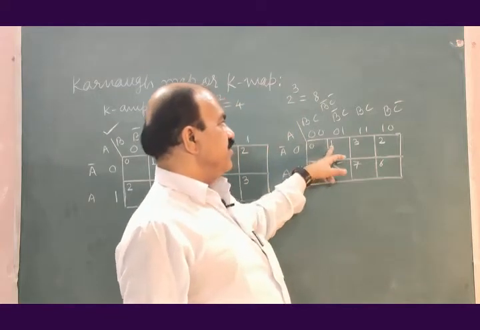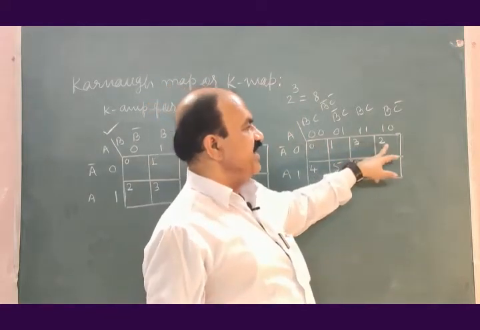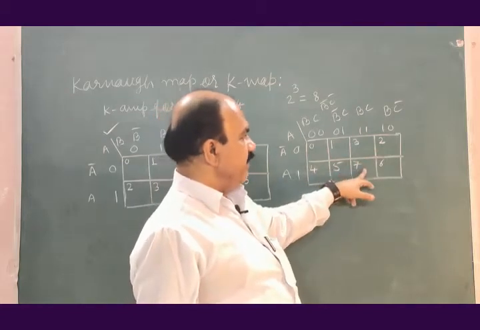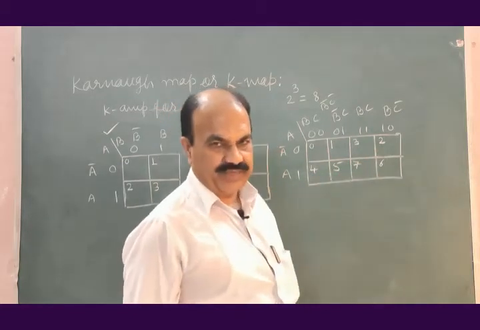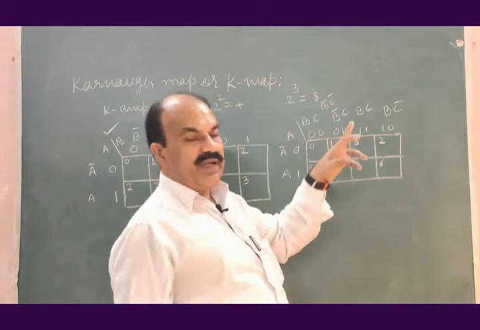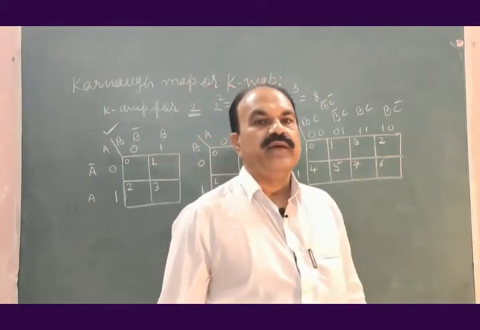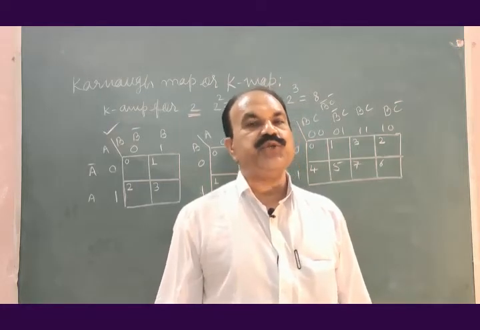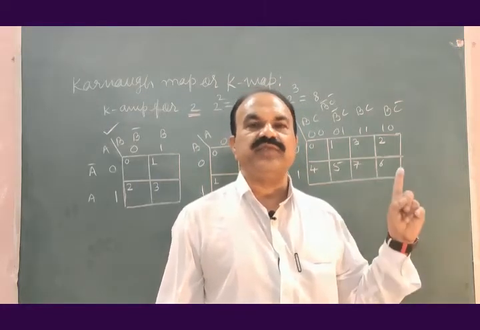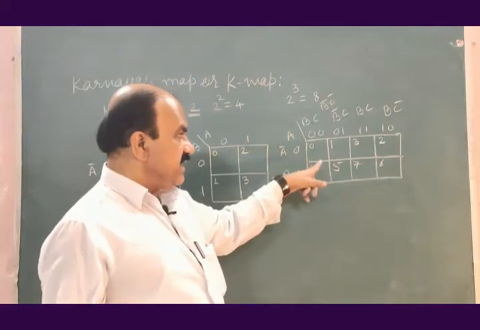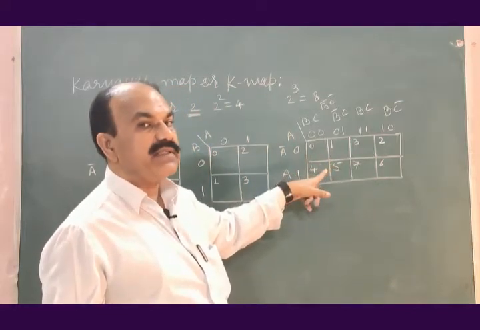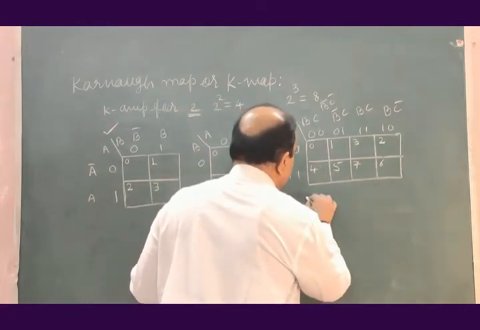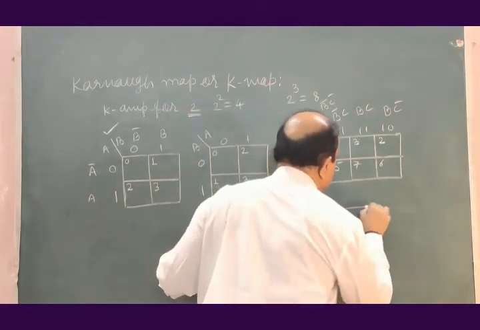Cell number 0, 1, 3, 2, 4, 5, 7, 6. Why is this type of numbering used? We have studied the gray code. Gray code is used for numbering the cells of the K-map. This K-map for three variables can be drawn in some other way also, and that is this one.